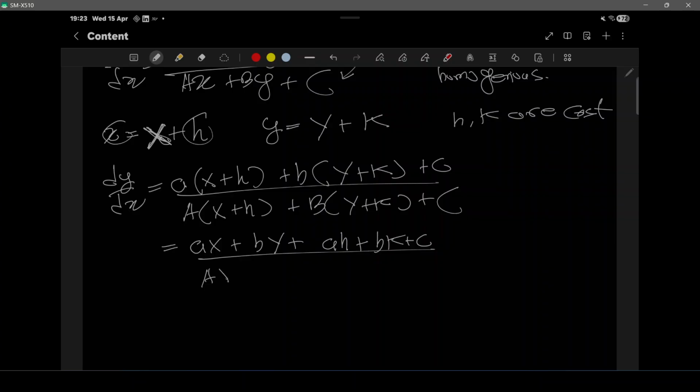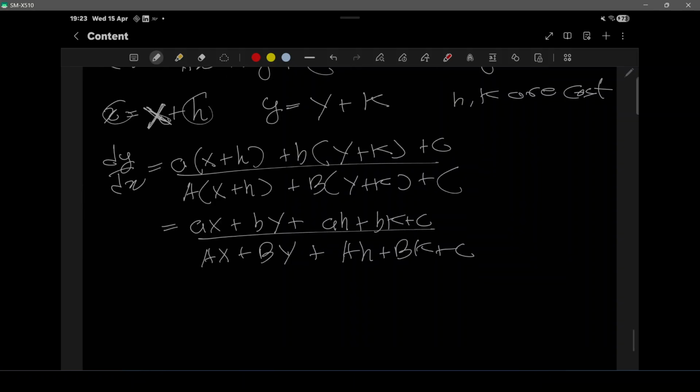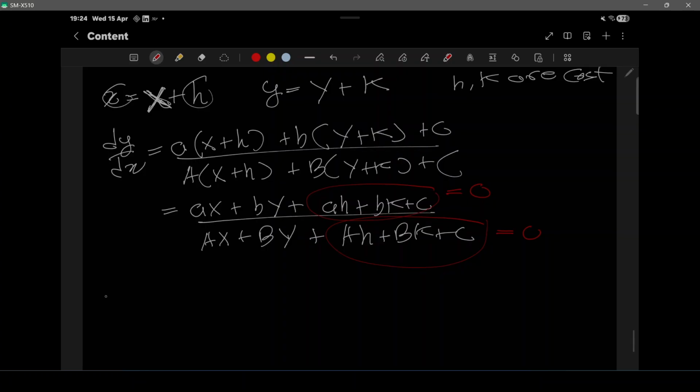In the denominator we have Ax plus By plus C. We have the freedom to choose this h and k such that this term in here is equal to 0 and this term down here is equal to 0.